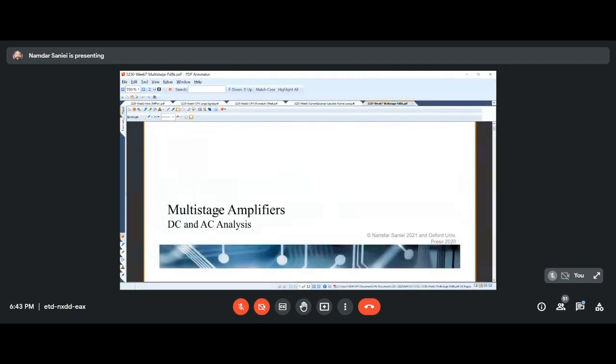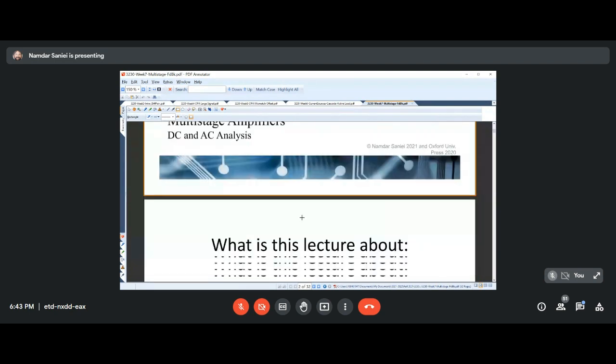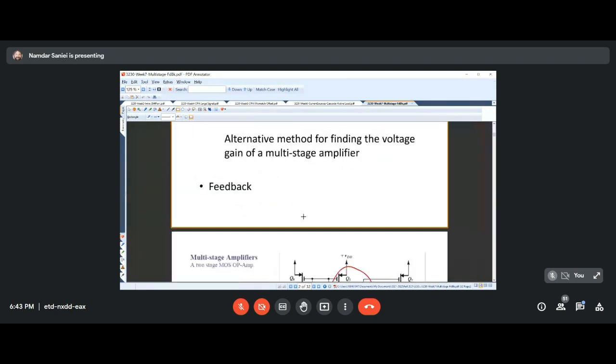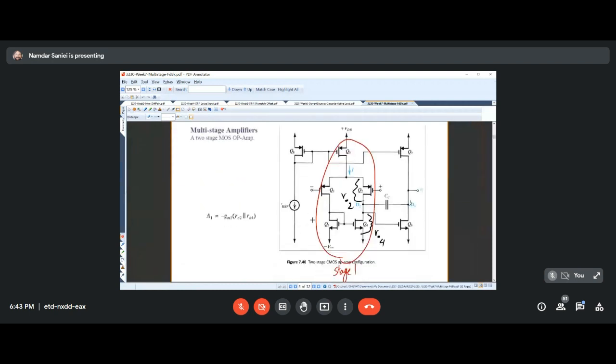Anyway, then we continued with multi-stage amplifiers. First, we talked about a two-stage MOS amplifier. Again, there's not going to be any MOS question, but you could replace these with BJT transistors, and it's still an interesting problem.